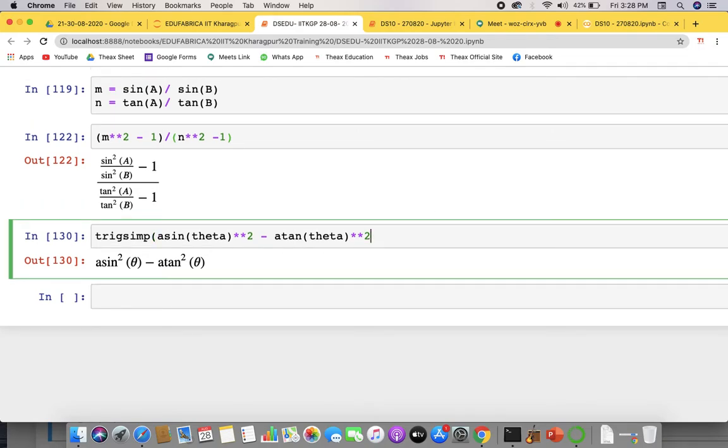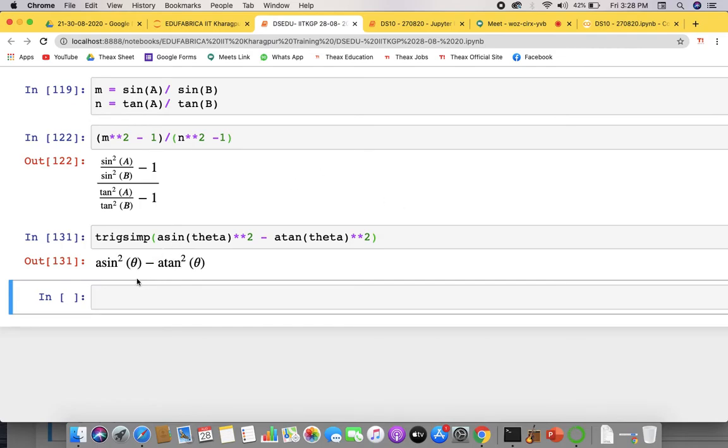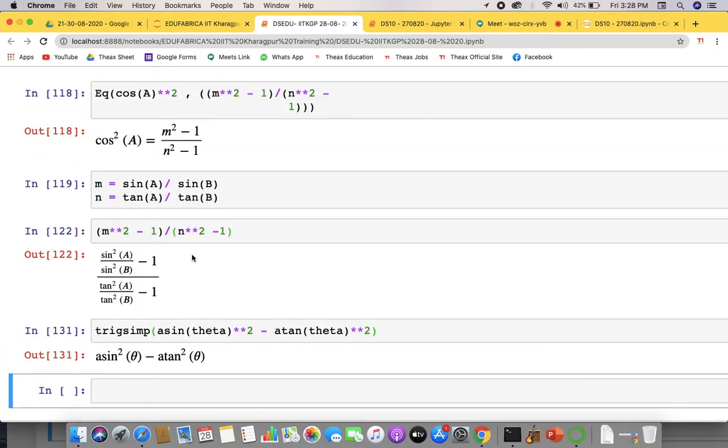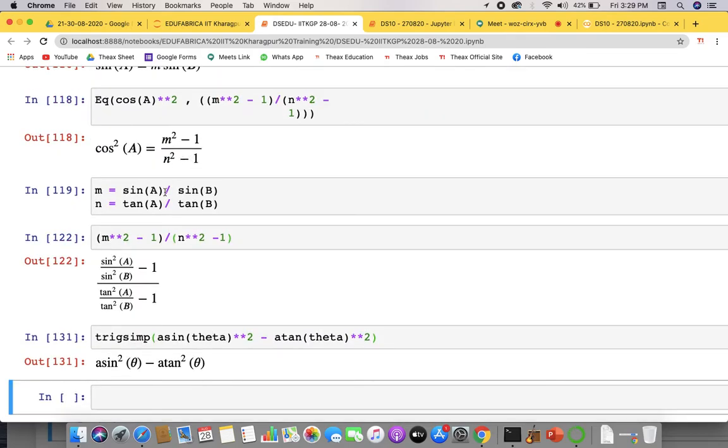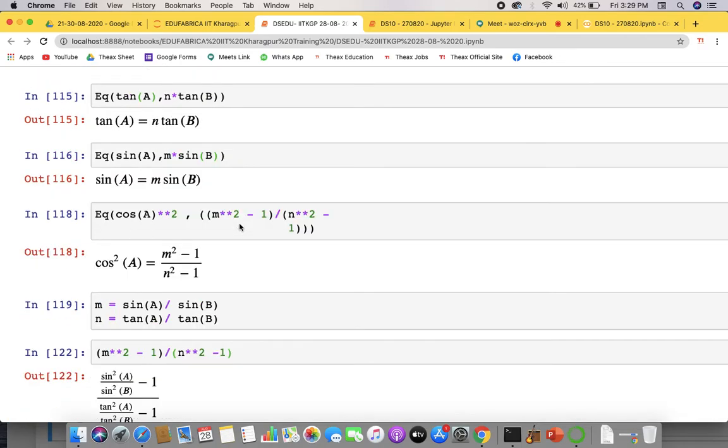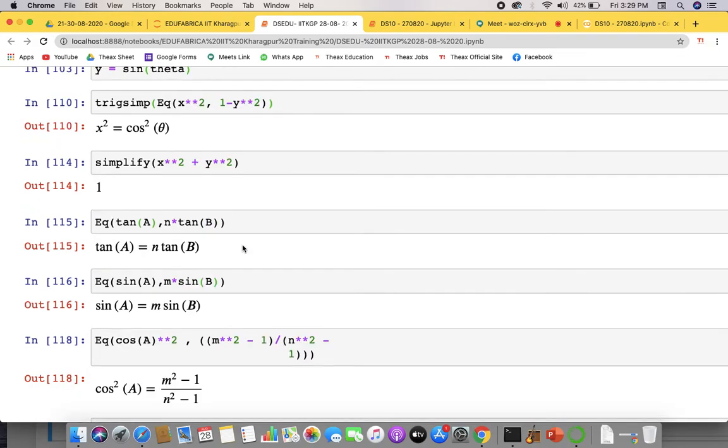So let's say this is a sin²θ minus a tan²θ. Now can we put the values from this with respect to m and n to substitute the values over there? So if we need to find this b, that is sin b, what is going to be the value of sin b in terms of cosec b?